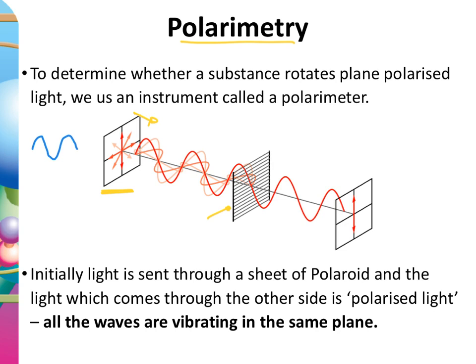So only light in a particular direction, which in this case is a vertical direction, which doesn't really make sense with that gate, but anyway, you just have to live with it, is passed through. So we are ensuring that the light we're going to pass through our substance is only vibrating in one particular plane, hence the term plane polarized light. So all the waves are vibrating in the same plane now.